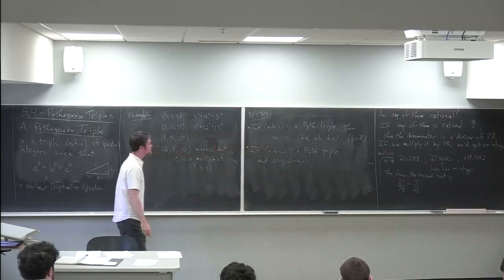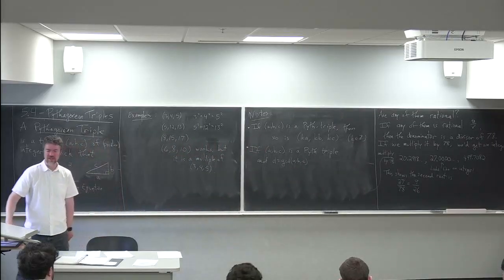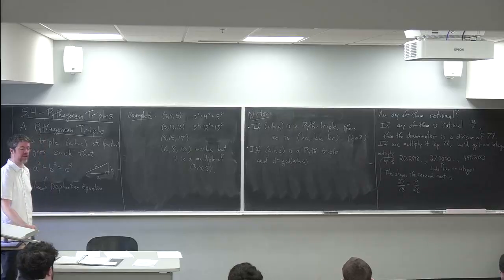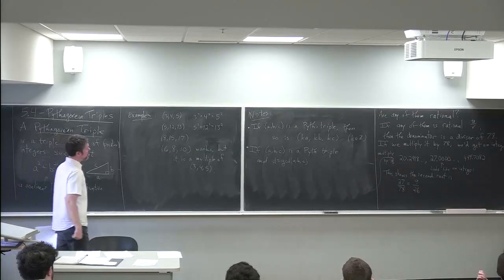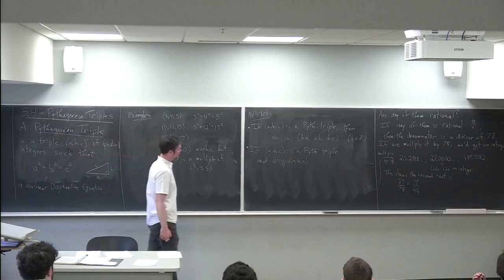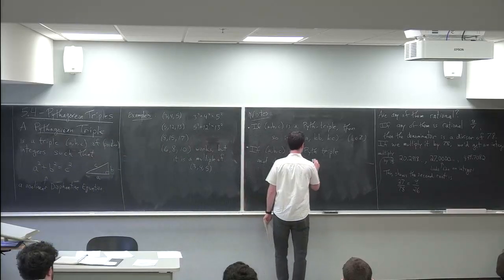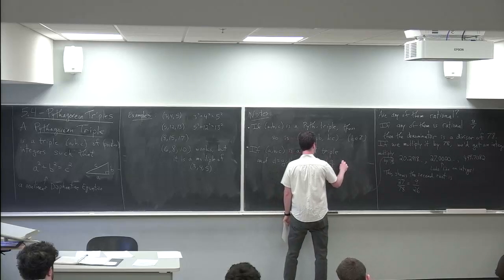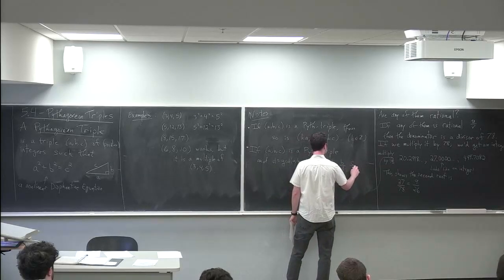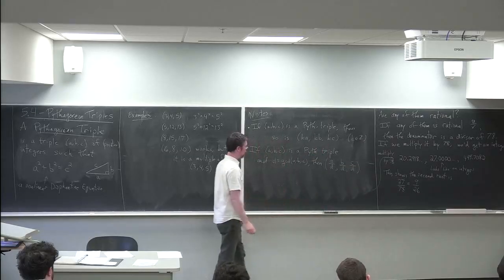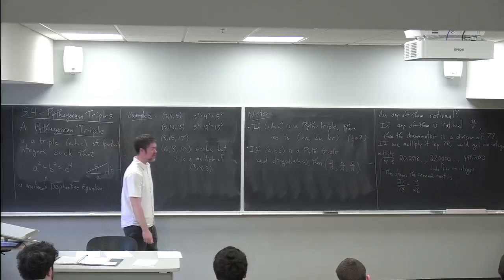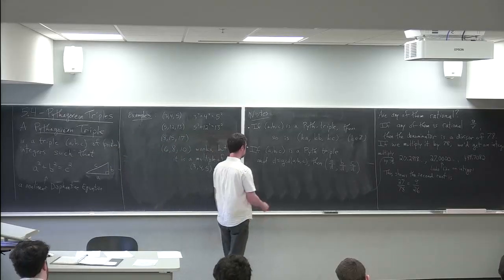We never really spent much time talking about GCDs of 3 things, but it's the same concept. It's the greatest number that divides all 3 of a, b, and c. But anyway, if you had such a thing and d was the GCD, then for sure you could take a over d, b over d, c over d. Those would be 3 integers, and you could check for sure that the equation is satisfied, that they would be a Pythagorean triple.